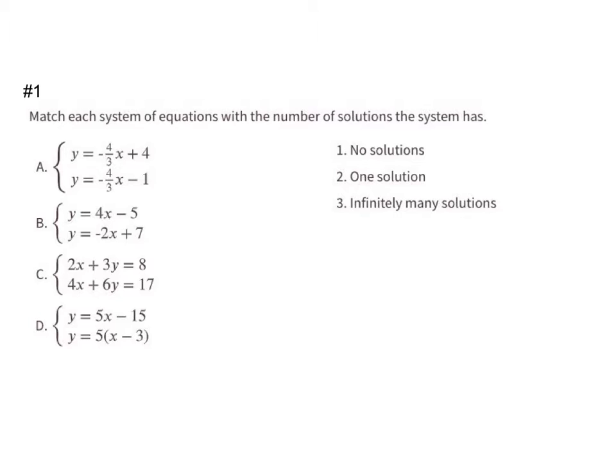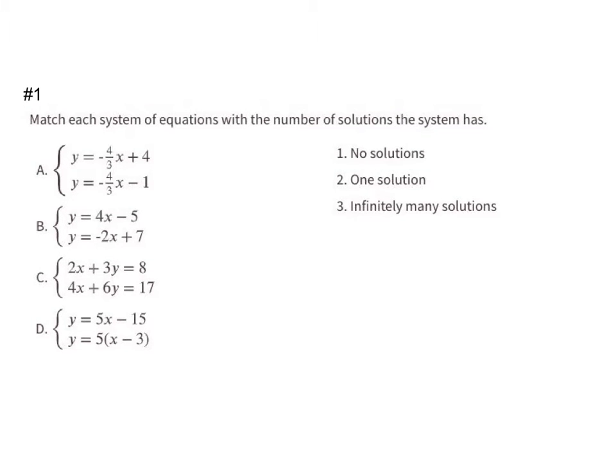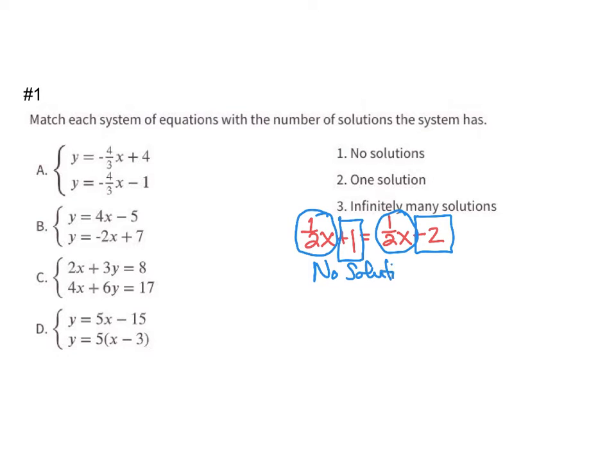If I had 1/2 x plus 1 equals 1/2 x minus 2, remember we looked at these and said they have the same variables on both sides, but my numbers are different. Same variables, numbers are different. This was no solution.